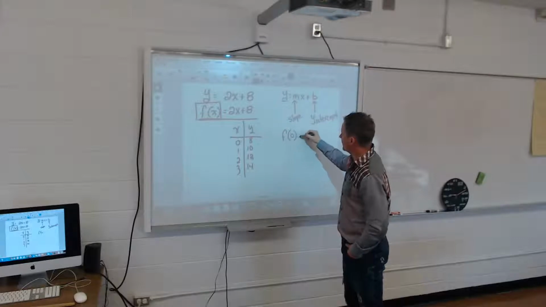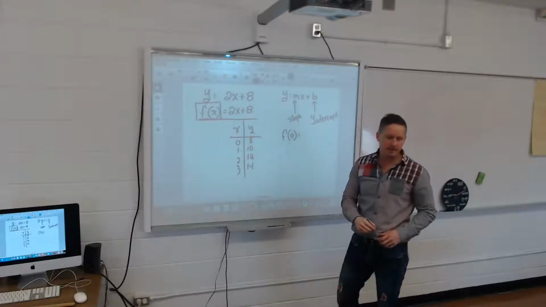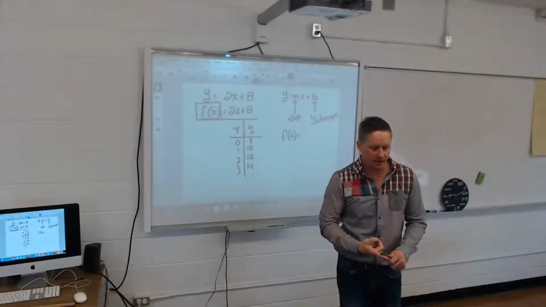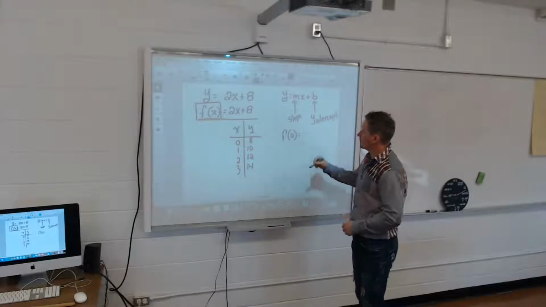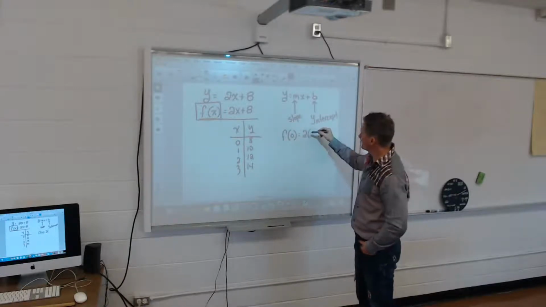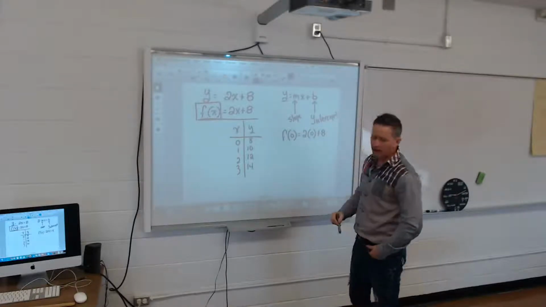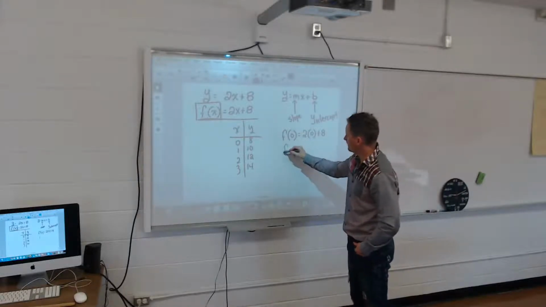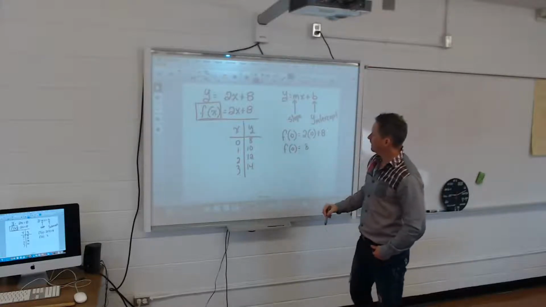When they write this out in the book, they're going to write it like this. f of 0 equals. What this notation simply means is, when x is 0, what is y? That's all that means. So I put 0 in wherever I have x, and then I solve for y. f of 0 equals 8.